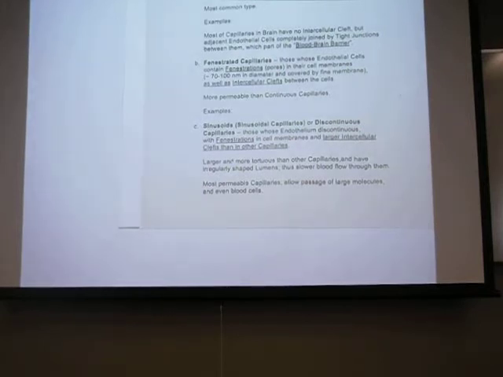Also in the anterior pituitary, which is one of our hormone-producing glands, our endocrine glands, and in the parathyroid, which is another endocrine gland we'll talk about. So some of our endocrine glands actually have this type of capillary, like the anterior pituitary and the parathyroid. Others have the fenestrated. But again, these are the most permeable.